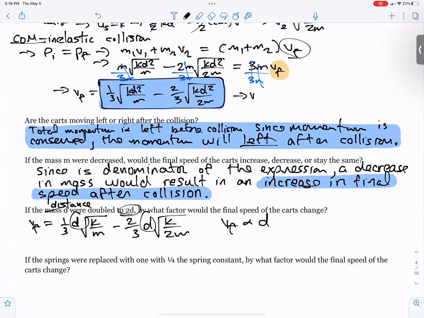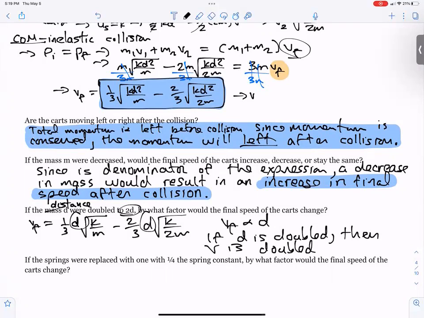So if the distance is doubled, if d is doubled, then v is doubled. Good practice with proportional reasoning on this one.